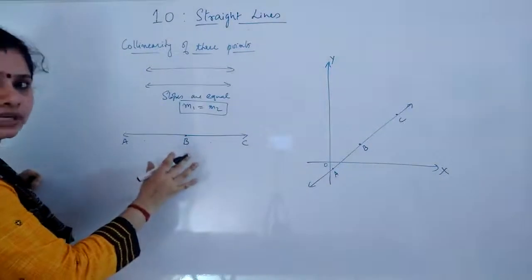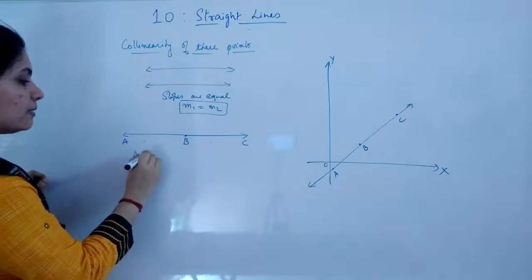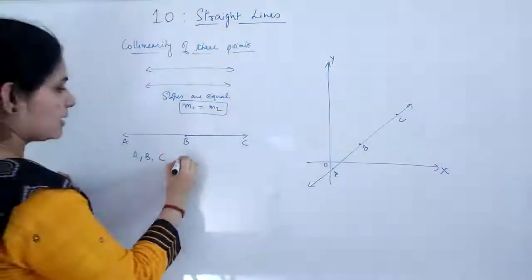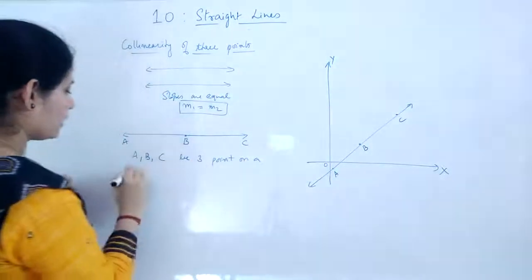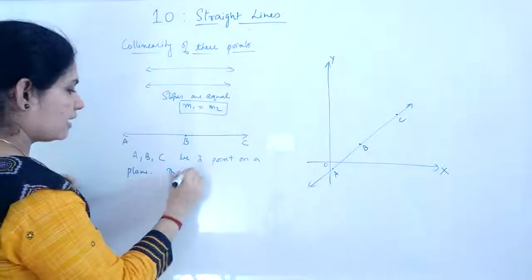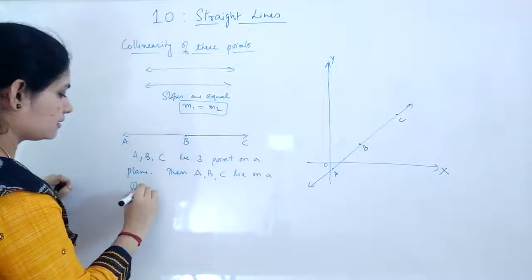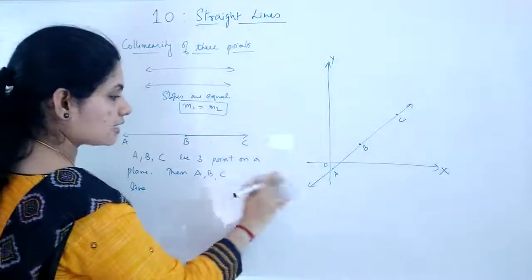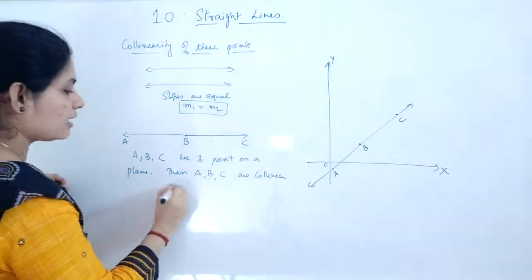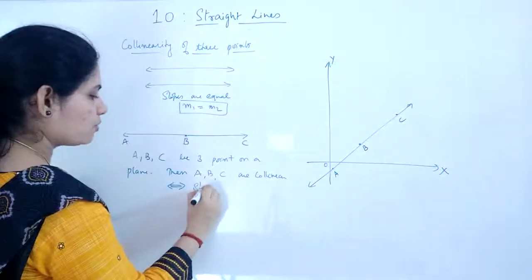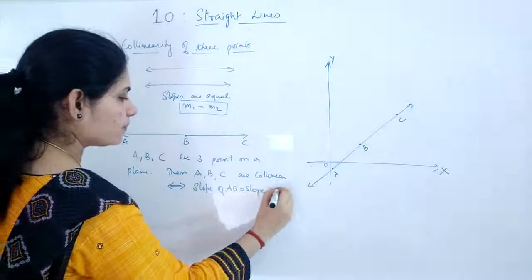So it is an if and only if condition for collinearity of 3 points, that if you have A, B, C as 3 points on a plane, okay, on an XY plane, then A, B, C lie on a line, or A, B, C are collinear, meaning is same, if and only if slope of AB is equal to slope of BC.